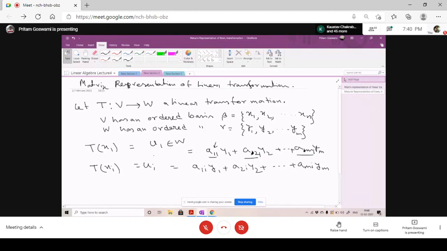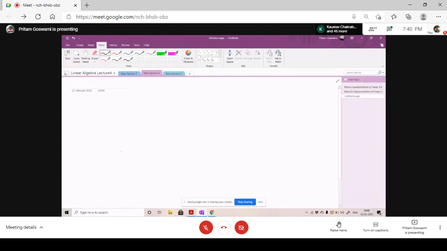Now, let me write that expression first. To be a column, okay, sorry, T xi equals a1i y1 plus a2i y2 plus dot dot a mi ym, right?